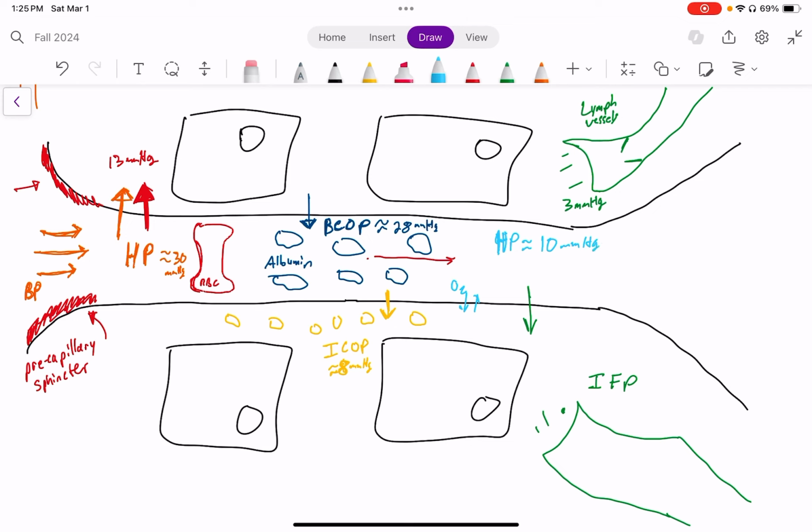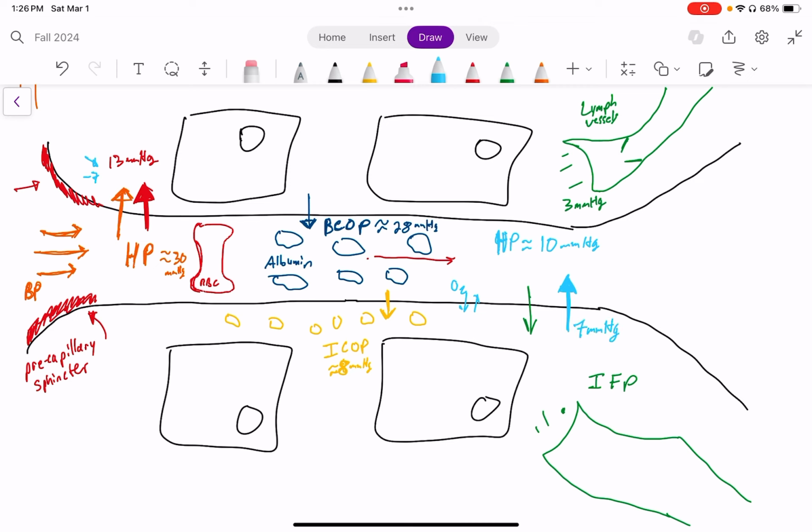Now, everything else stays the same, but blood pressure is decreased. And so that means that we lost 20 millimeters of mercury. And that means that this 13 millimeters of mercury will go down by 20, which would be -7. So -7 millimeters of mercury of pressure leaving. And that means that there's 7 millimeters of mercury of pressure causing fluid to come into the capillaries.